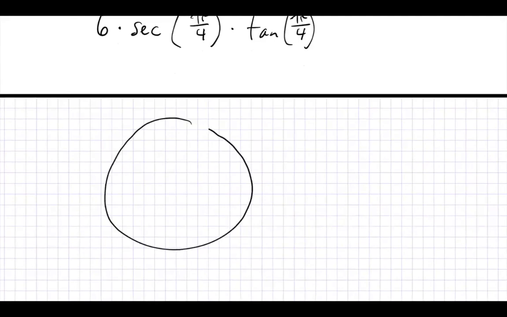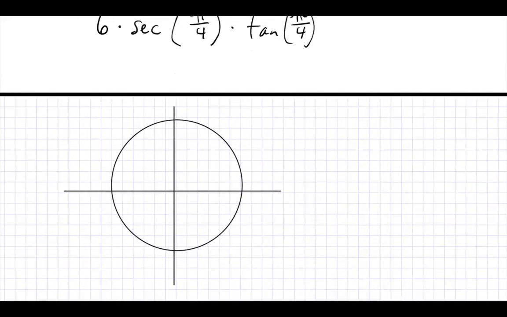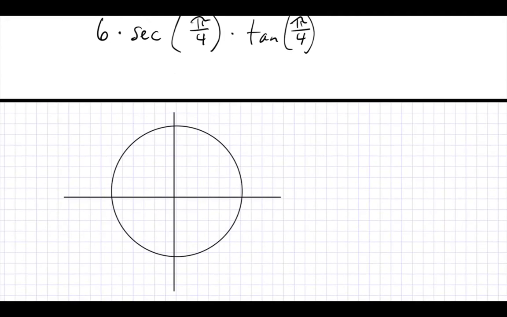The first thing is those come from the unit circle. So there's 4 quadrants to the unit circle. Pi over 4 is the same thing as 45 degrees. 45 degrees is right there. That's 45 degrees right here, so that reflects this triangle here.